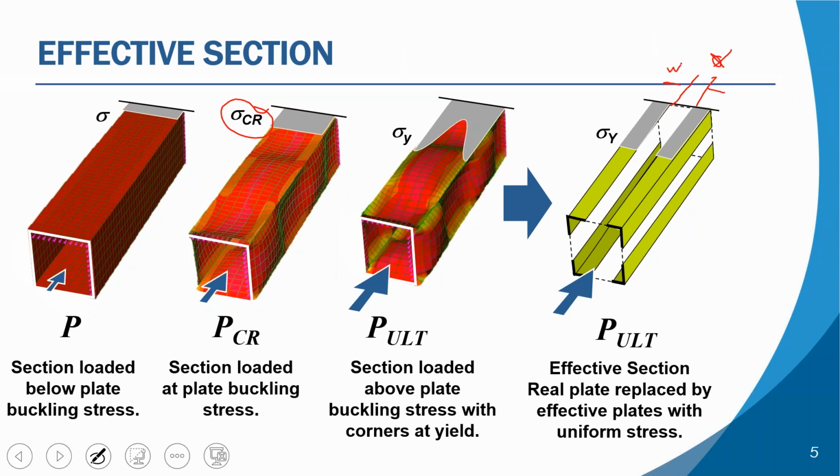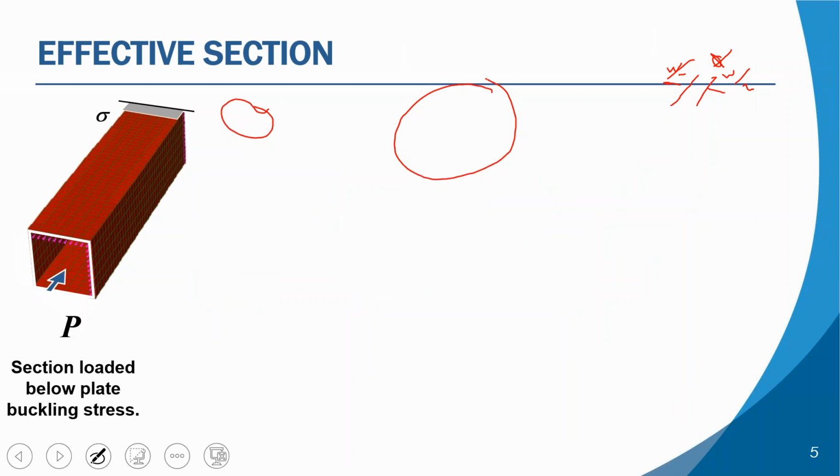So the effective width is kind of the sum of a half a width there and a half a width there. There's several different approaches at that. They depend on what is the shape of the stress curve across the plate. They all give approximately the same answers. The one that GAS uses has been very well established.